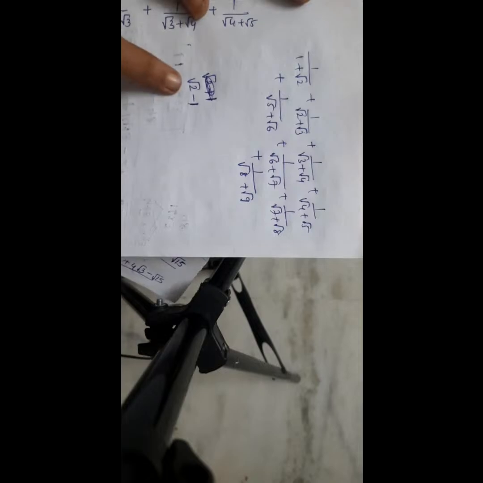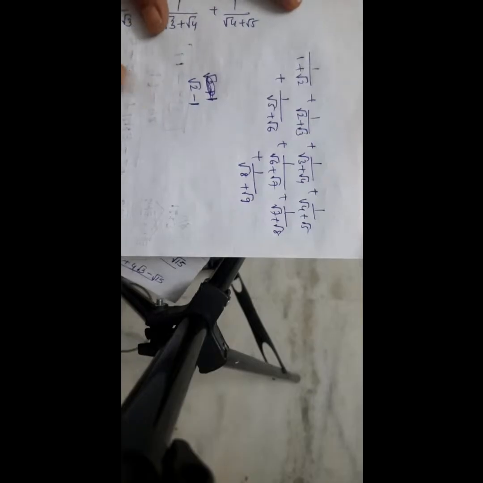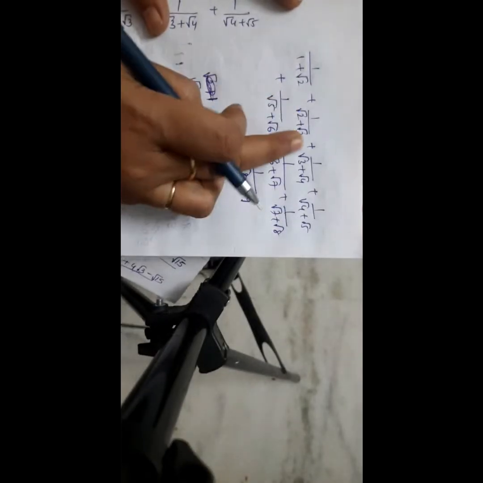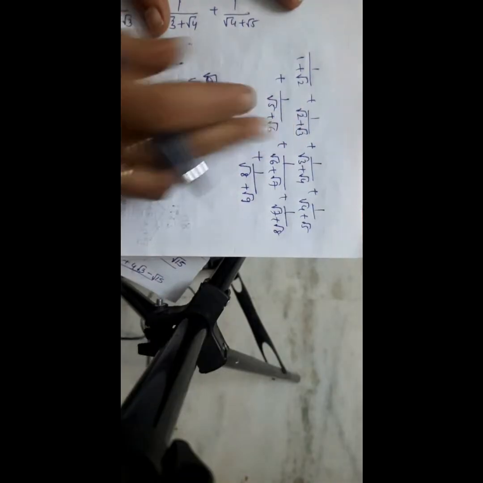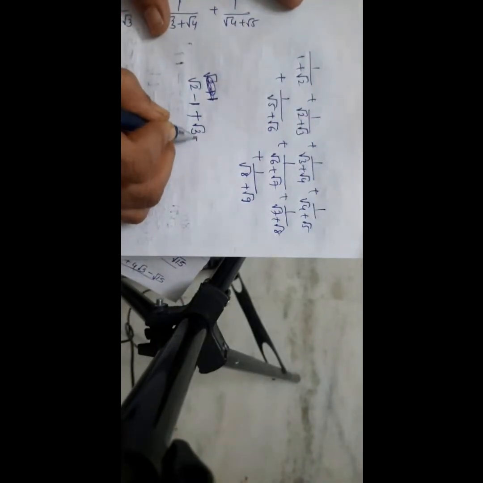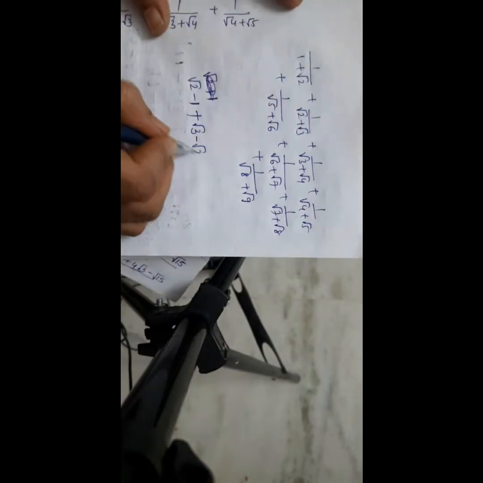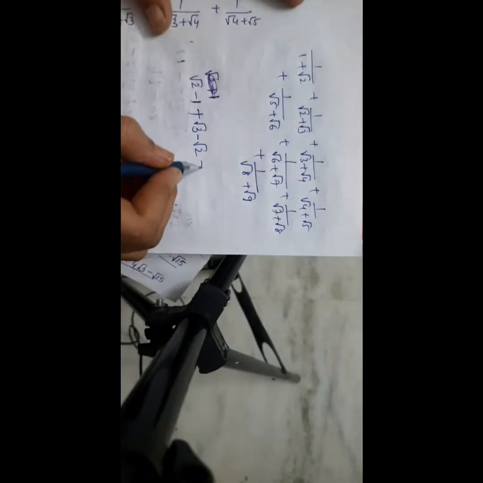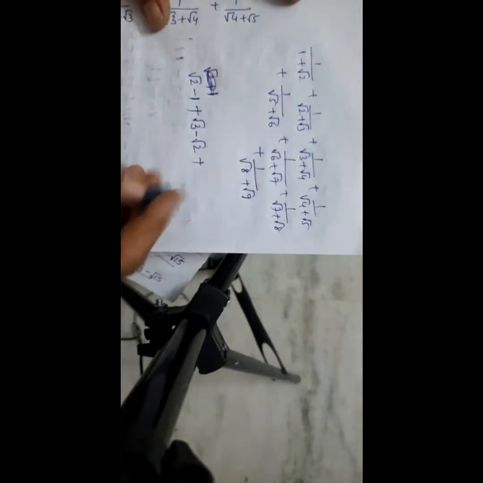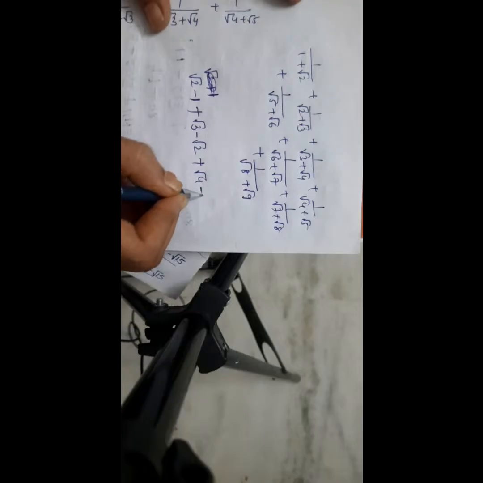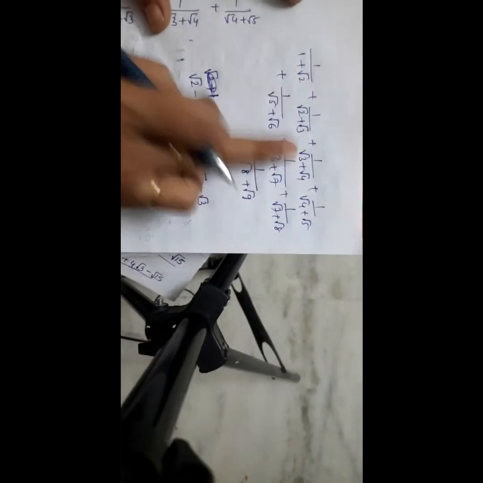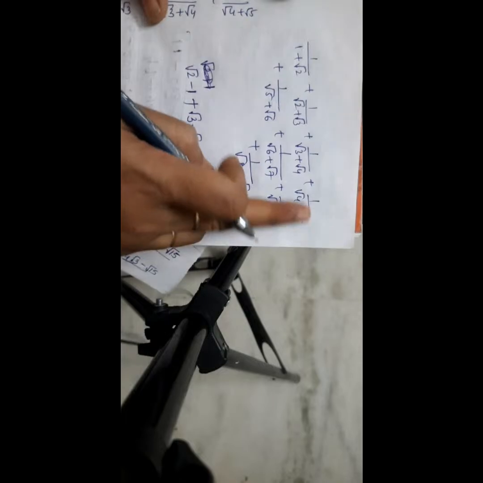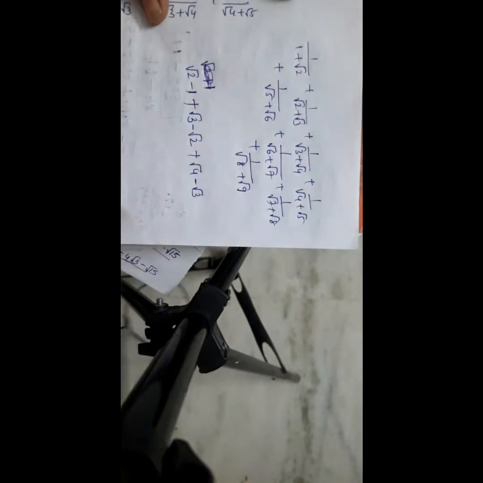So the first step is root 2 minus root 1. If you make the square, root 2 square is 2. 2 minus 1 is 1. No need to write anything in denominator. Again, to change the arrangement, first root 3 will come minus root 2. Again, 3 minus 2 is 1. No need to write anything. Now here, again we'll change. So it's root 4 minus root 3. 4 minus 3 is 1. Here, root 5 minus root 4.